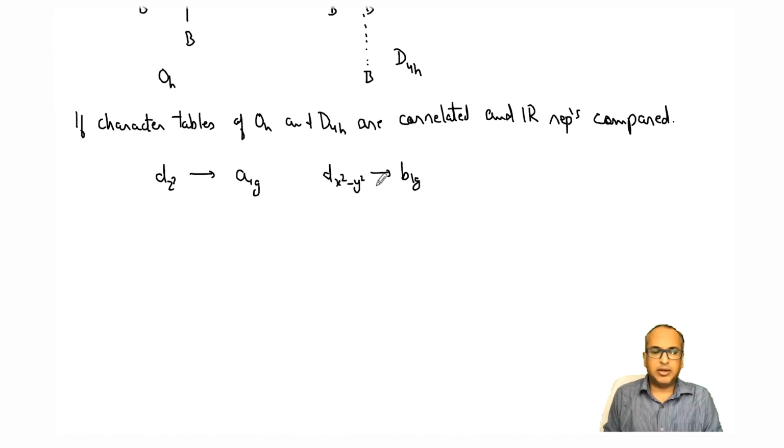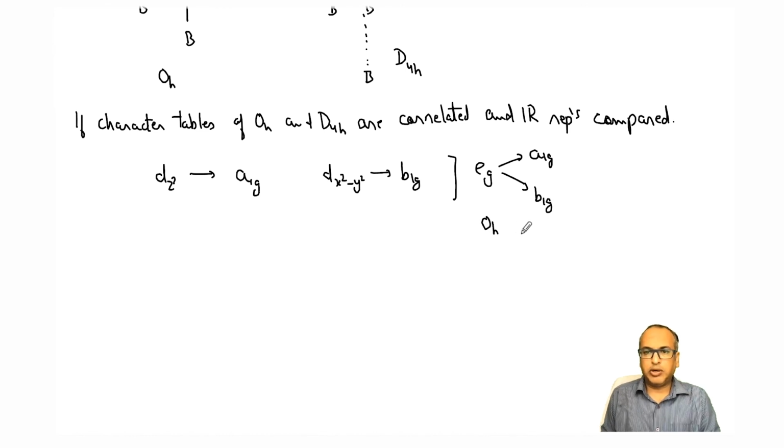That means this comes from the fact that my eg correlates to A1g and B1g. So when I go from octahedral to D4h, there is a descent in symmetry and a lifting of degeneracy of eg orbitals into A1g and B1g, and hence if I match the symmetry, dz square forms the basis for the A1g representation and dx square minus y square forms the basis for the B1g representation.